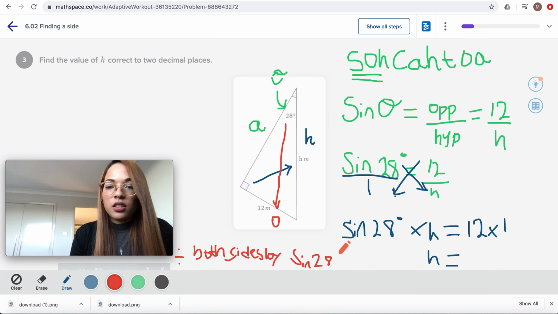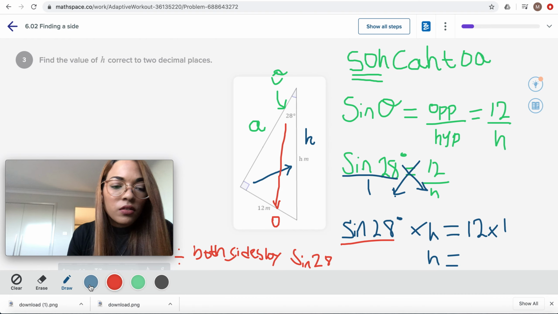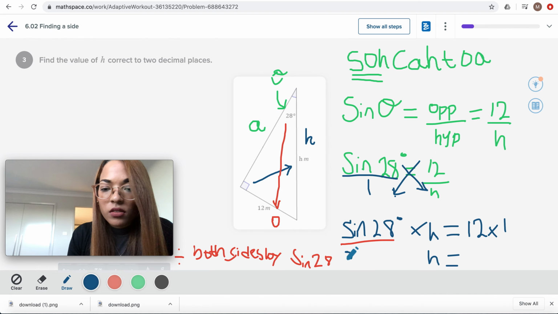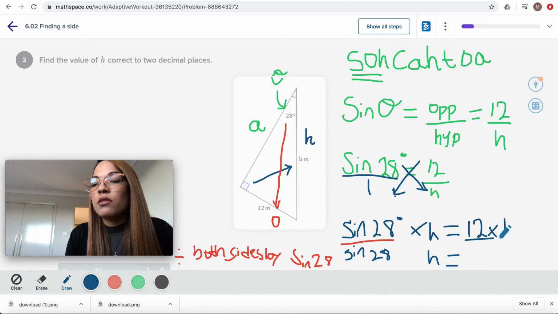So if I divide both sides by sine 28, I'll divide this side by sine 28 as well.